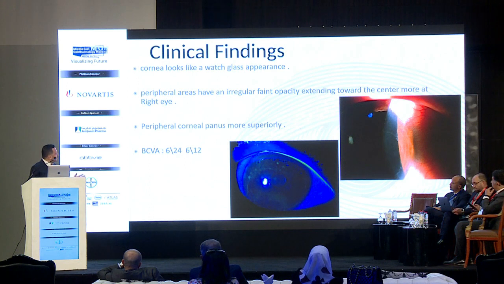You look at that cornea and you see this ground glass appearance of the cornea, and a peripheral corneal opacity, a faint one, and a lot of neovascularization and pannus. Although the center cornea is still clear, obviously there is something serious happening here.